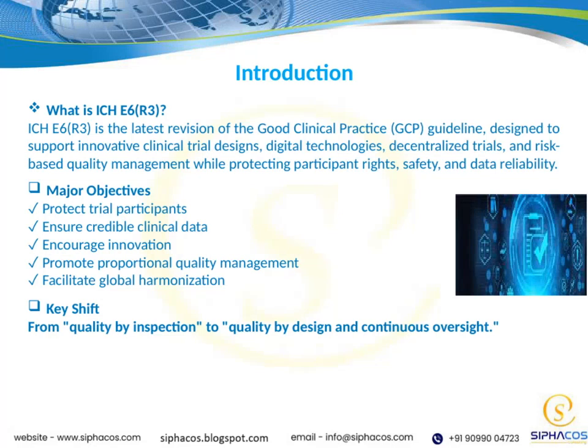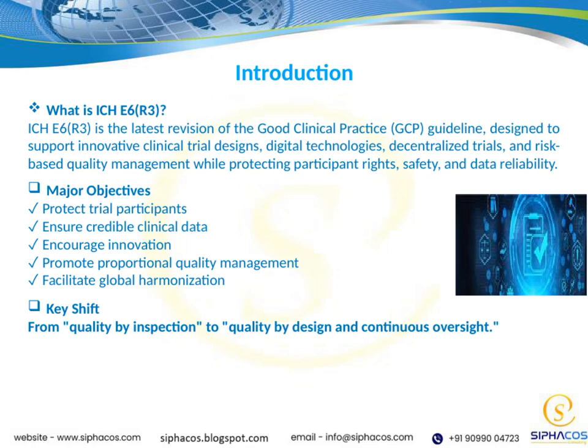Let's start by looking at what ICH E6R3 really is. It's the newest update to the Good Clinical Practice Guidelines, the rules that keep clinical trials safe and reliable. This revision isn't just about rules on paper. It's designed to support new ways of doing trials, like using digital tools, decentralized methods, and smarter risk management.